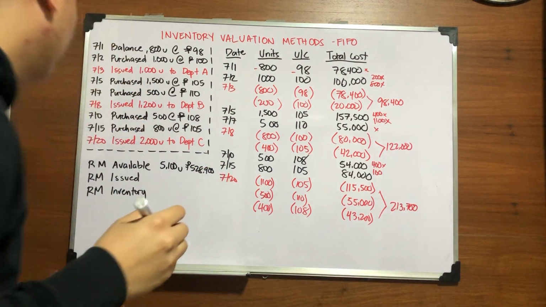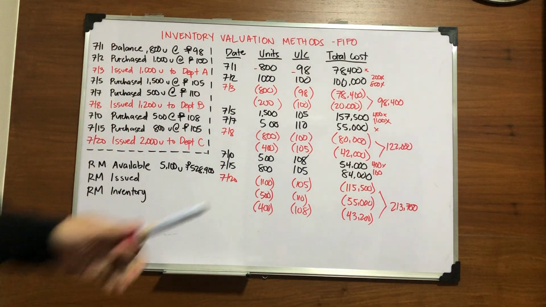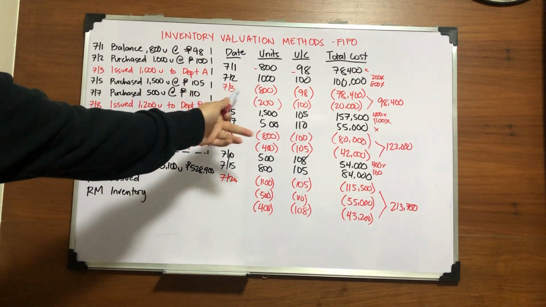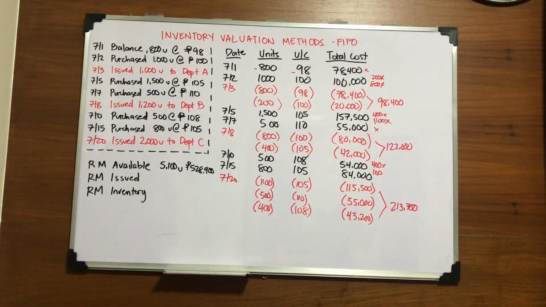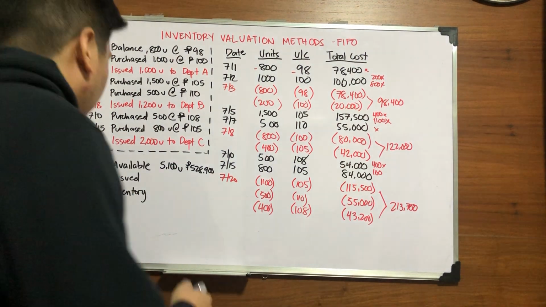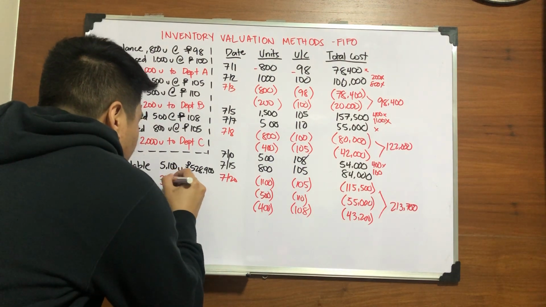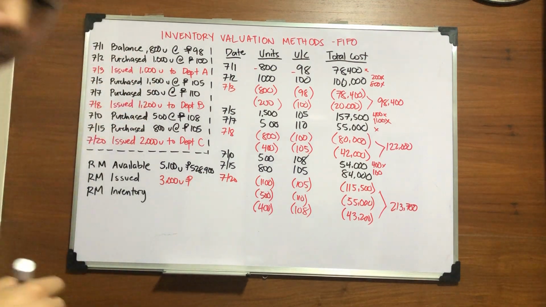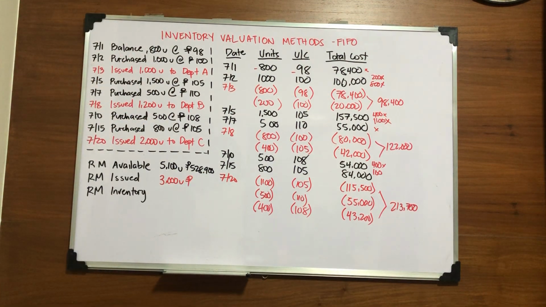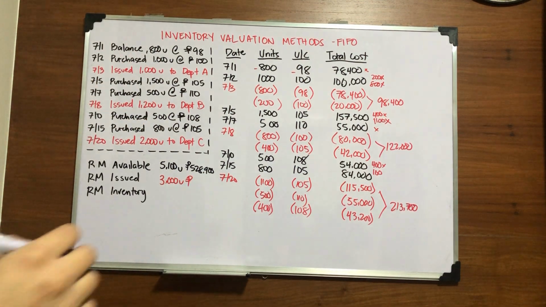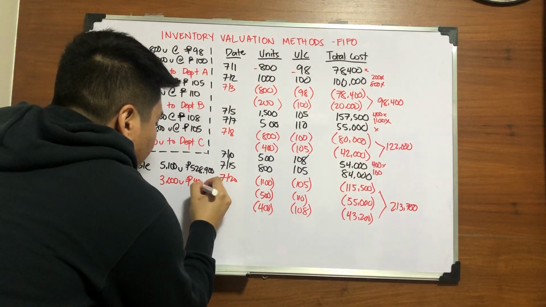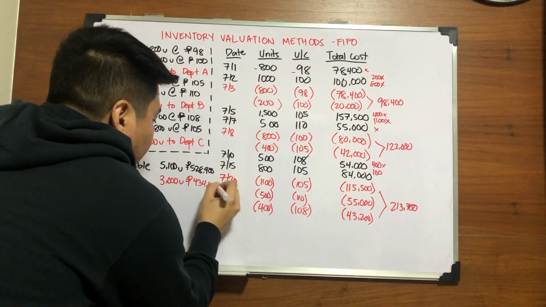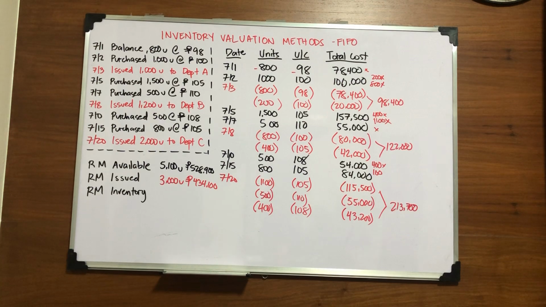Okay. So for your raw materials issued, these are your red font. The raw materials issued is 3,000 units at 434,100.